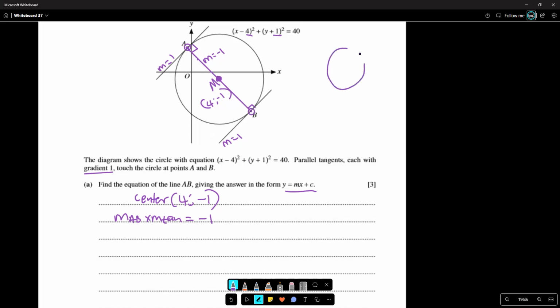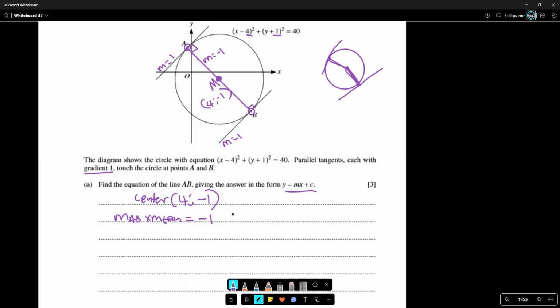For example, if I have a circle here like this, and I have this line and this line here, they can't be parallel if they are not passing through the center. So if I'm told this is parallel, it means that AB is basically the diameter.